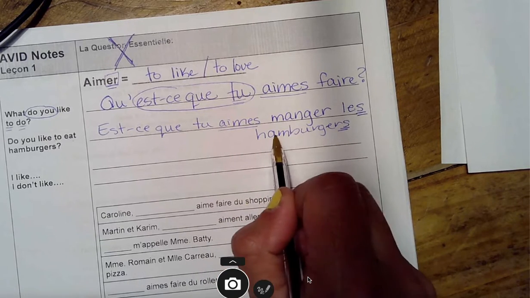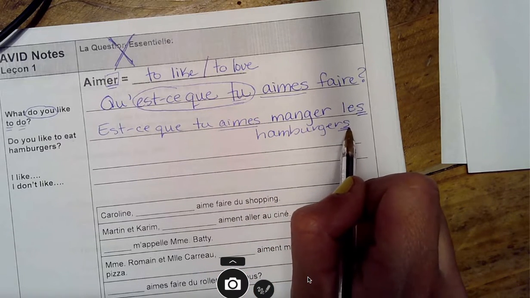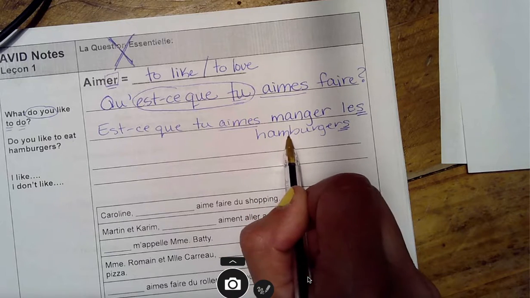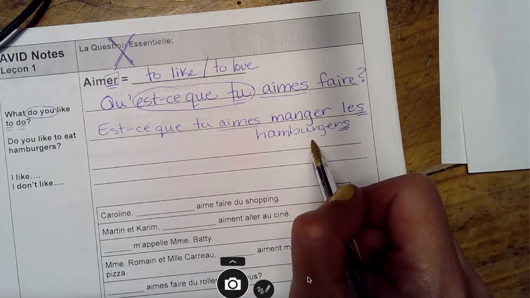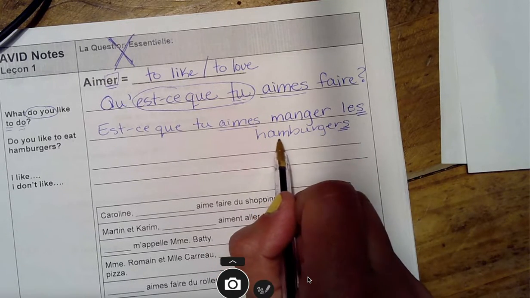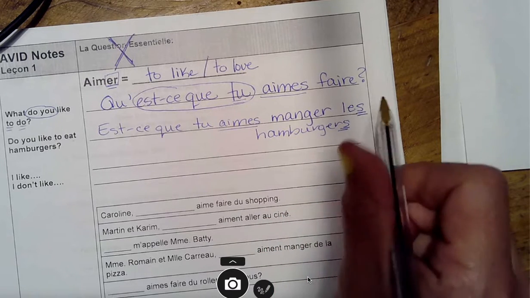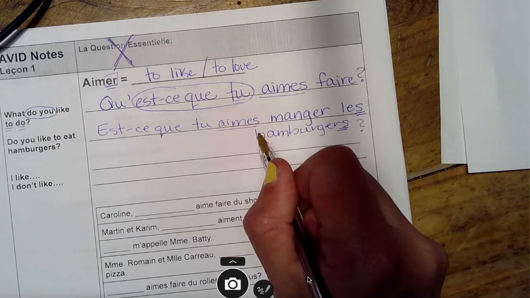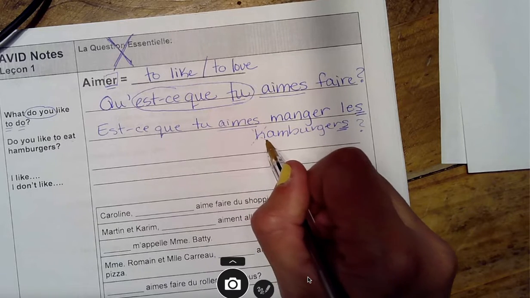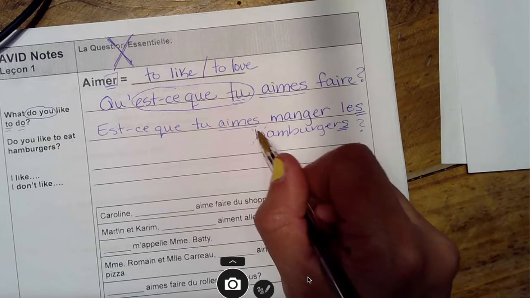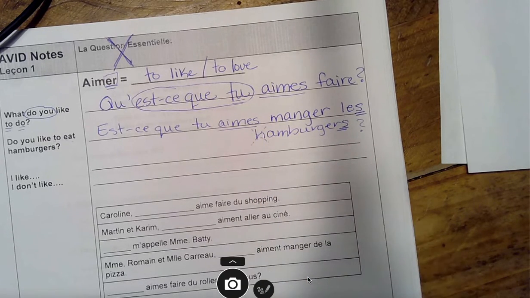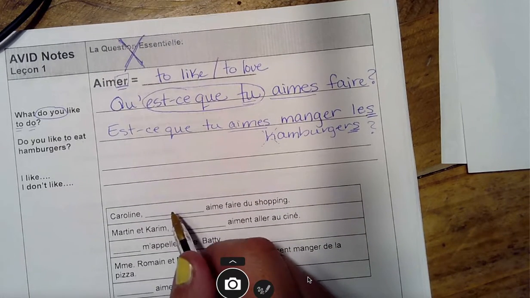Notice I said hamburger, I didn't say hamburger with an H sound. Do you remember why? I hope you said because the H is silent. Silencieux.